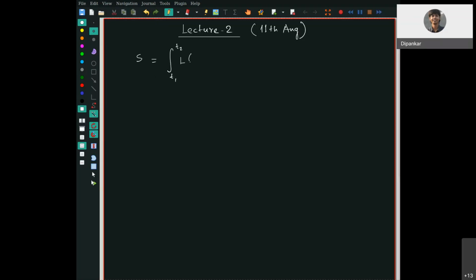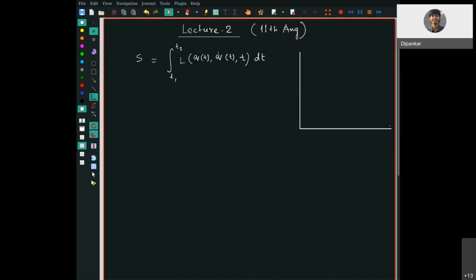And there was a function of a function which I denoted by L. So L is a function of q, q dot, and sometimes t explicitly, dt. Now what we were interested in, we wanted to find the path for which this S is an extremum. I mean, we want it to be minimum, but for now let's say it's an extremum.